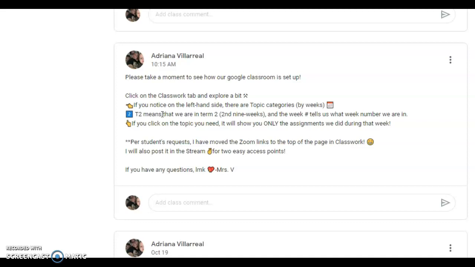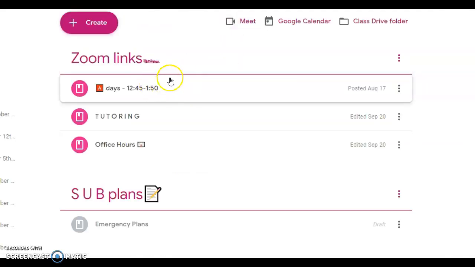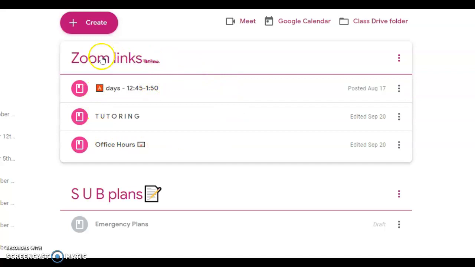If you click on that topic on the left-hand side, it's only going to open up assignments for that week specifically. Also, in classwork, I moved the Zoom link to the top of the page so we don't have to scroll all the way down to find it. Now it's the first thing we see.